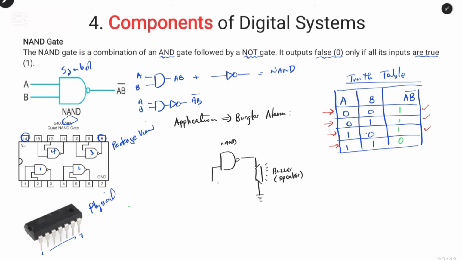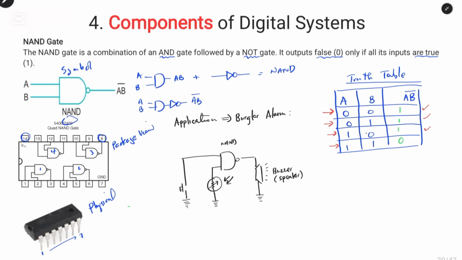And we have a light dependent resistor at one of the inputs, and the other input is connected to a switch. What will happen in a case where we want to achieve an output equivalent to 0?